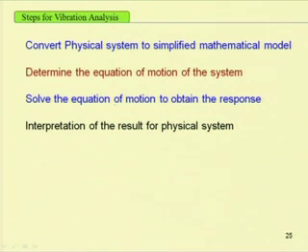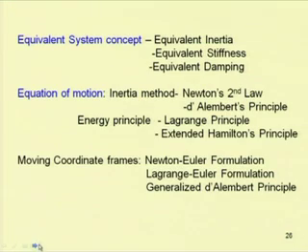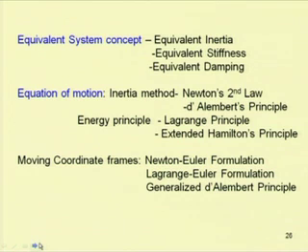For example, let us see one system. We can convert a physical system by using an equivalent inertia, equivalent stiffness and equivalent damping, and for finding the equation of motion we may use an inertia based method, that is Newton's second law, D'Alembert principle, or an energy based principle like the Lagrange principle and extended Hamilton's principle.